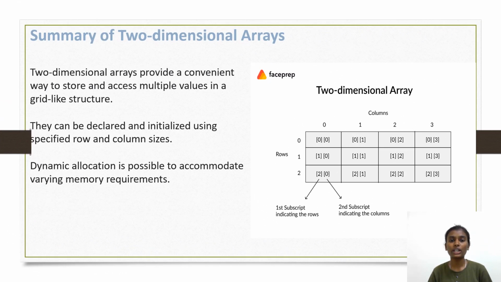Summary of two-dimensional arrays. Two-dimensional arrays provide a convenient way to store and access multiple values in a grid-like structure. They can be declared and initialized using specified row and column sizes. Dynamic allocation is possible to accommodate varying memory requirements.